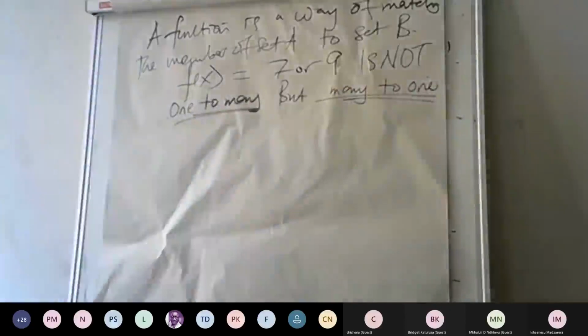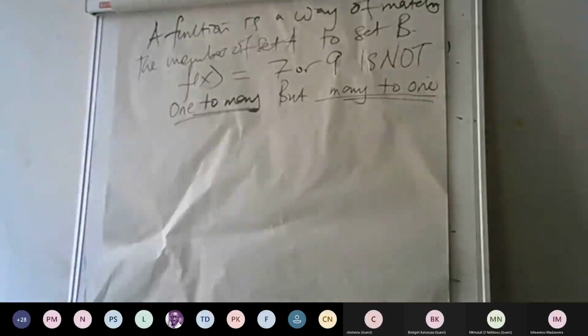These are just principles that guide you to understand the functionalities of a function. The moment you find yourself having one to many, you have to stop. You are no longer dealing with a function. But many to one is okay.